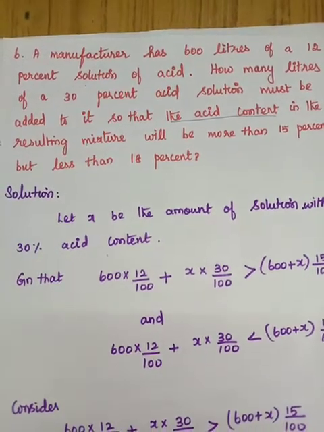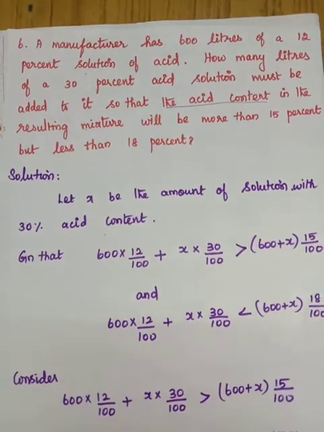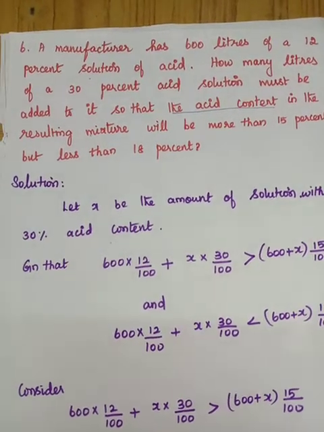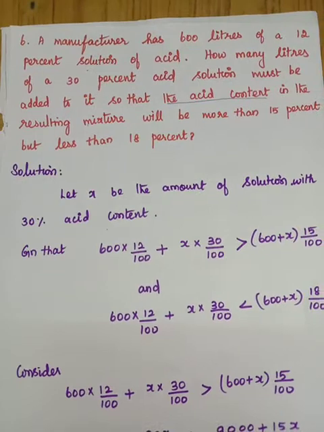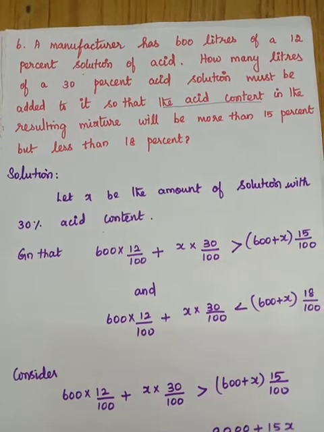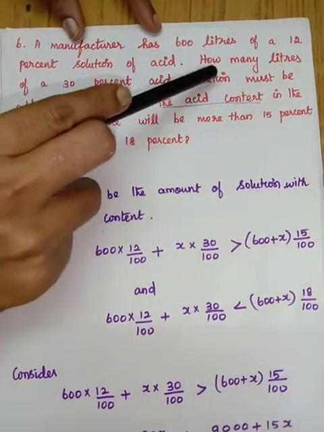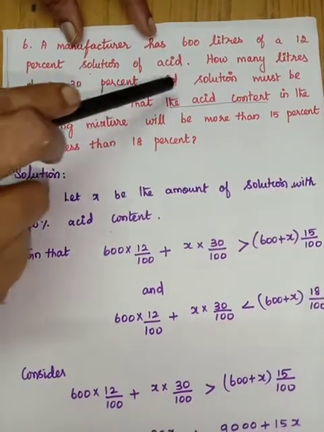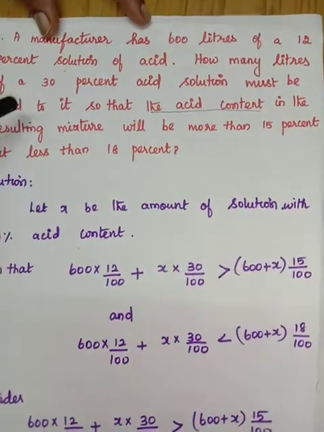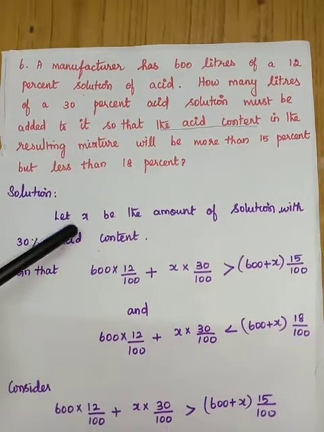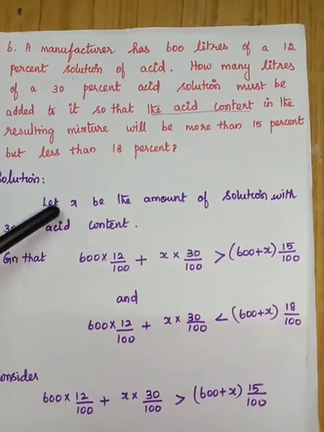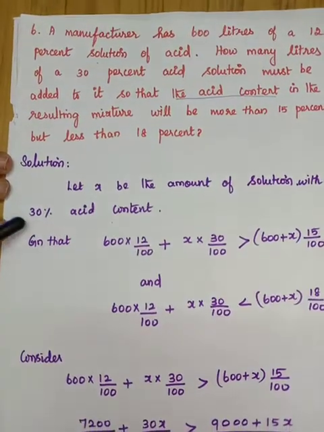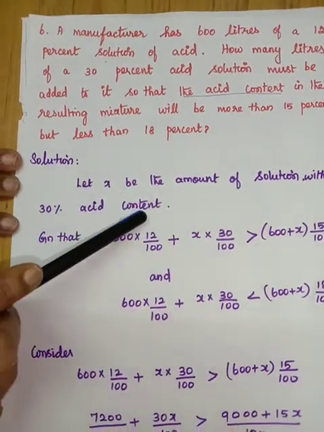So the 12% acid content is in the 600 liters of solution. Here what is asked: how many liters of a 30% acid solution must be added to it. So let x be the amount of solution with 30% acid content.